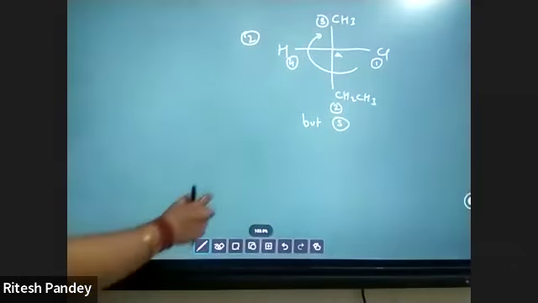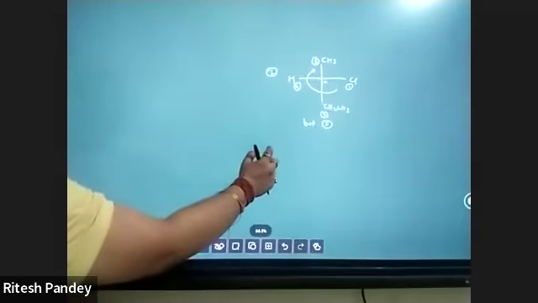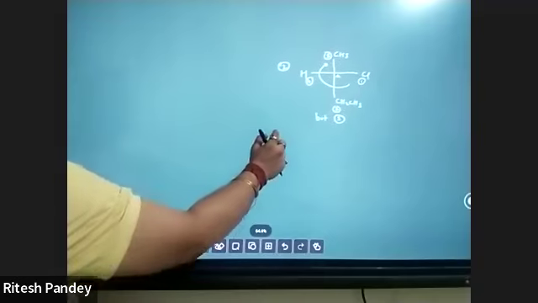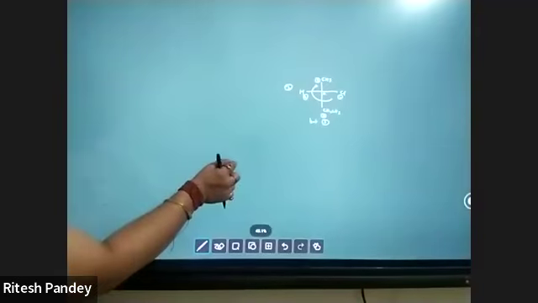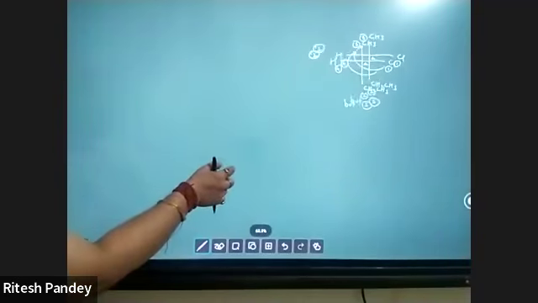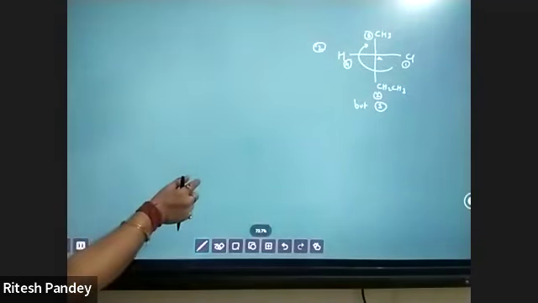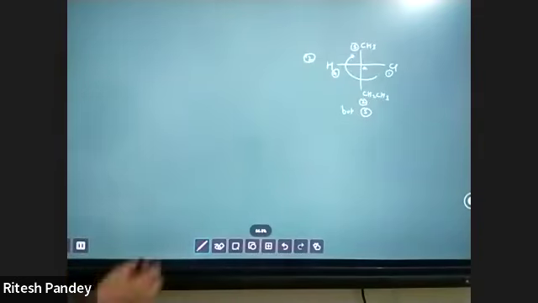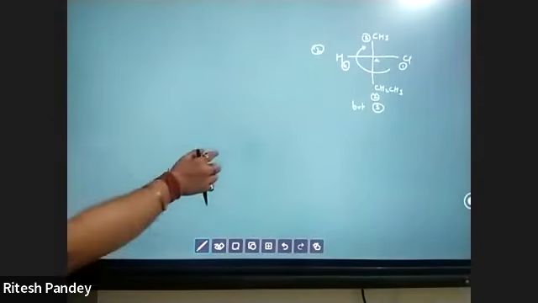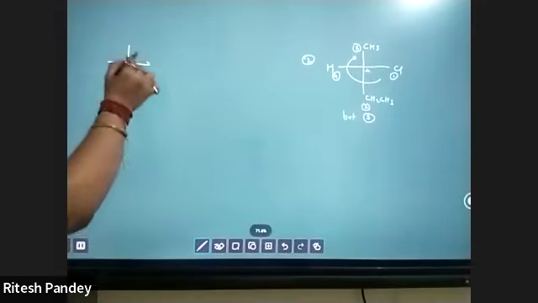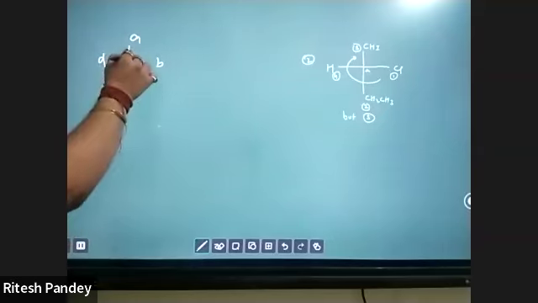Now let me very quickly tell you a few more rules. Another rule, with a Fischer projection having 4 different groups: suppose you have 4 different groups, like A, B, C, and D, you can have an exchange like this, an even number of exchanges.